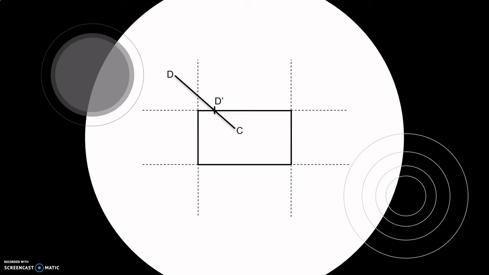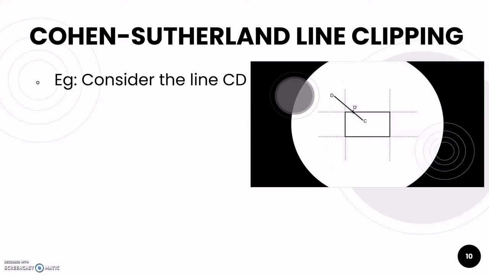Now let's consider CD as a line plotted in the 9 region area. C is the endpoint whose code is 0, 0, 0, 0 because it is inside the clip rectangle, and the endpoint D is 1, 0, 0, 1.